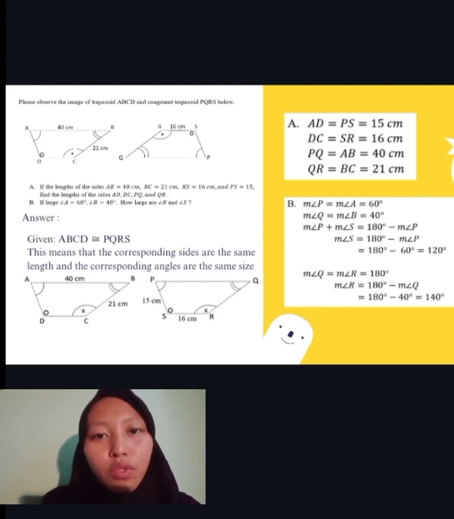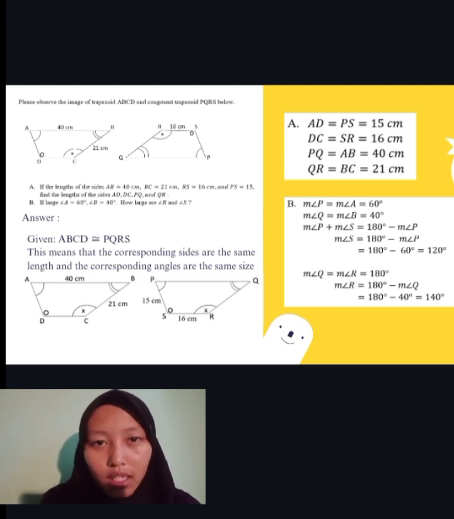It means that we will find the size of the S angle. Then the S angle size is equal to 180 degrees minus the P angle, equal to 180 degrees minus 60 degrees, which is equal to 120 degrees. So the measure of angle S is 120 degrees.